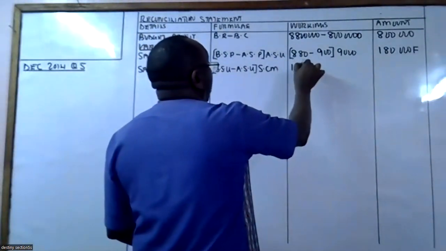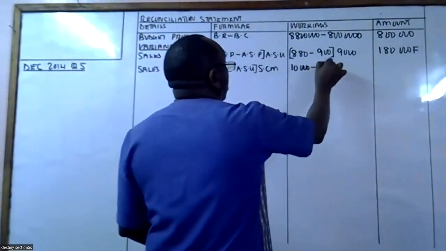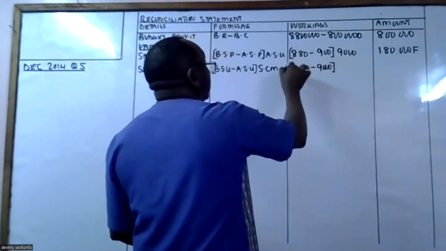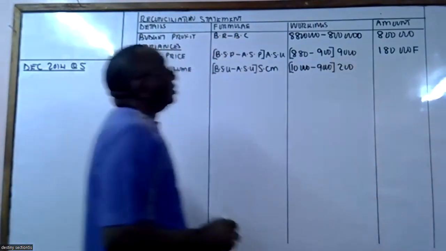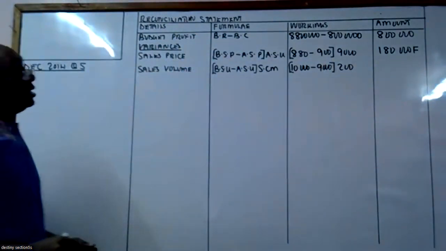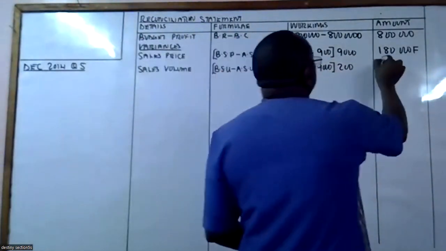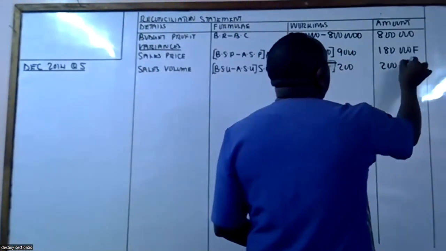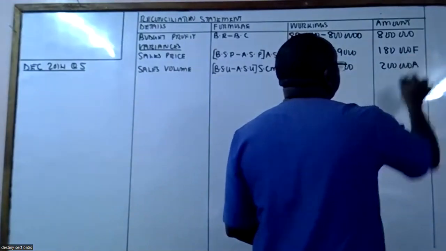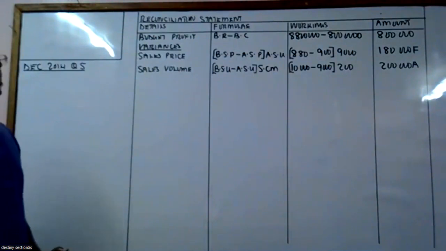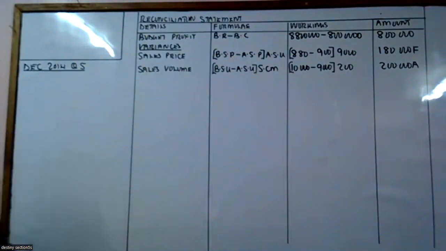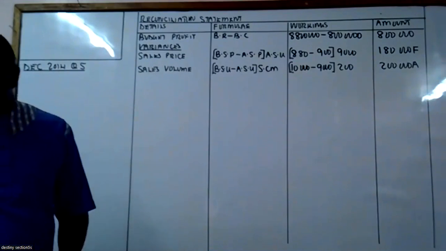We said it was 10,000 less 9,000. And the contribution margin we know is 200. And this is giving us 200,000, which is adverse, because we sold fewer units.